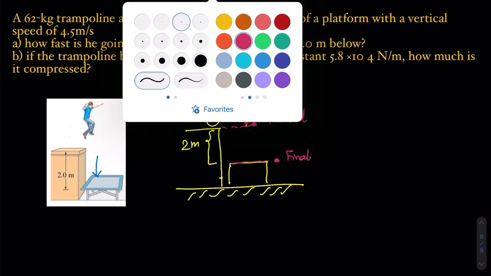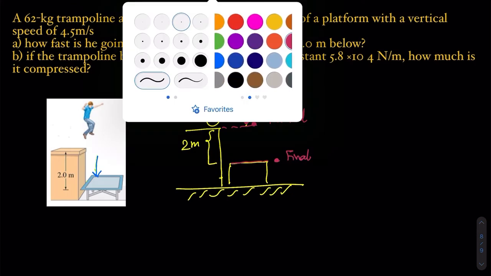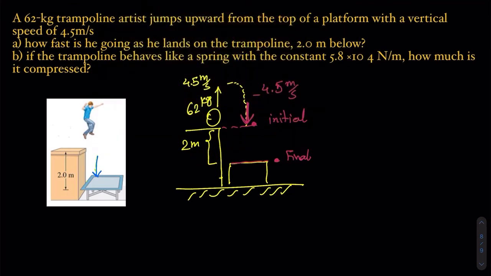The law of conservation of energy states that the initial mechanical energy will be equal to the final mechanical energy. And here we do not have any air resistance or any friction, so therefore the mechanical energy will be conserved.